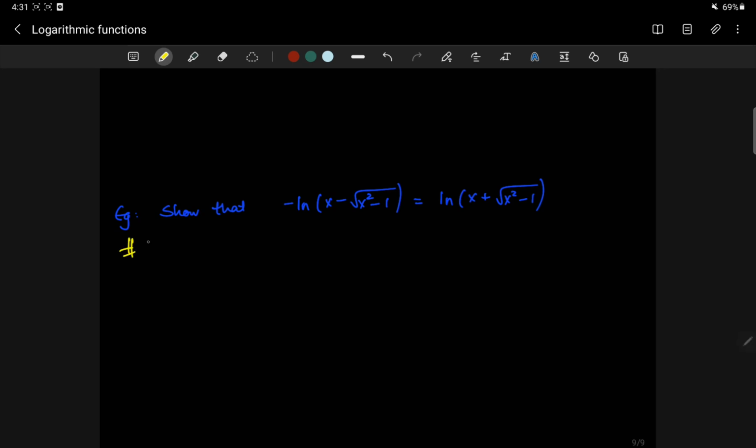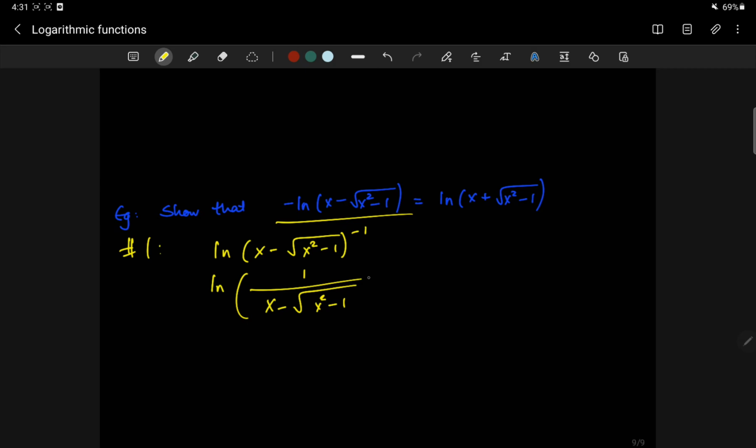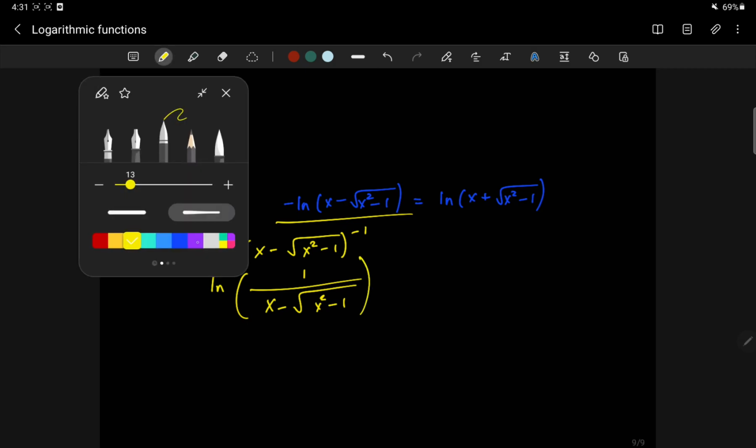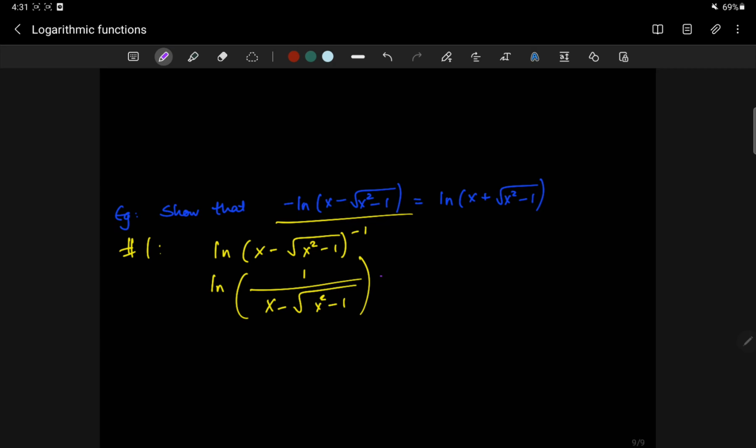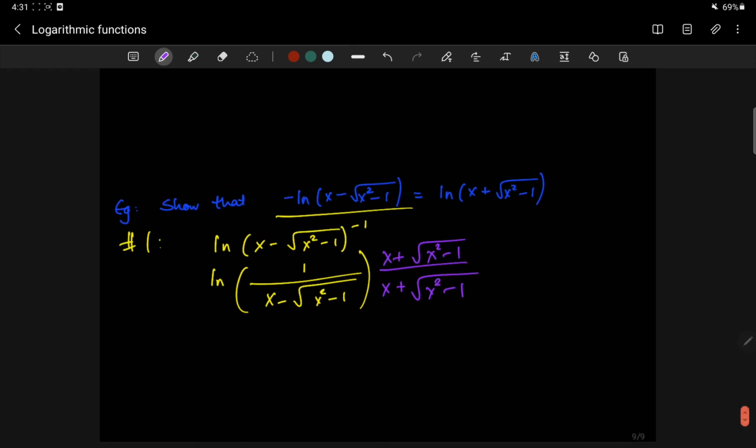Method 1 is I look at this and I rewrite this using the log property. So the negative becomes an exponent. So this is actually log of 1 over. Now, whenever you see a fraction which involves a radical, you should automatically think of trying to rationalize it. So rationalizing it would include multiplying by the conjugate, that's the thing with the positive.